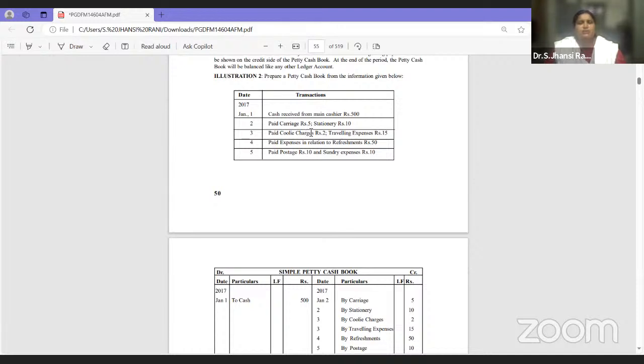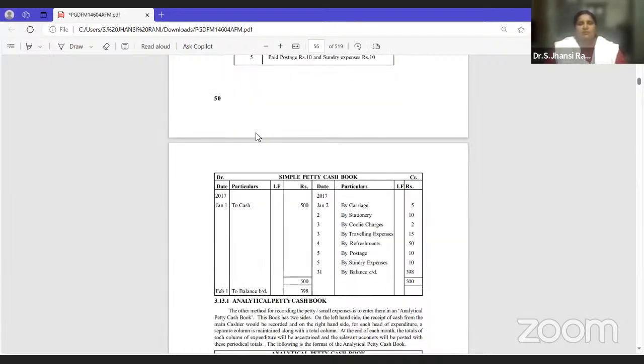Paid coolie charges 2. Traveling expenses 15. Paid expenses in relation to refreshments 50 rupees, paid postage 10 rupees, and sundry expenses 10 rupees. So these are called petty expenses, and for this we will prepare a petty cash book.